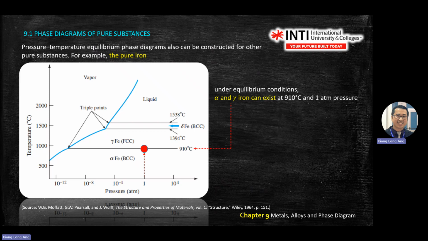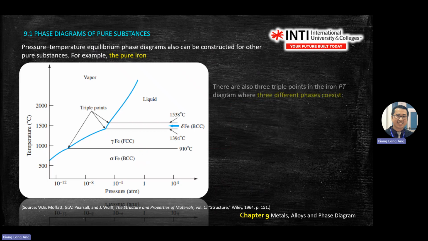So on the line, you see two phases. Above the temperature, even by 1 degree C, you flip to gamma ferrum. So it becomes single phase and so on.